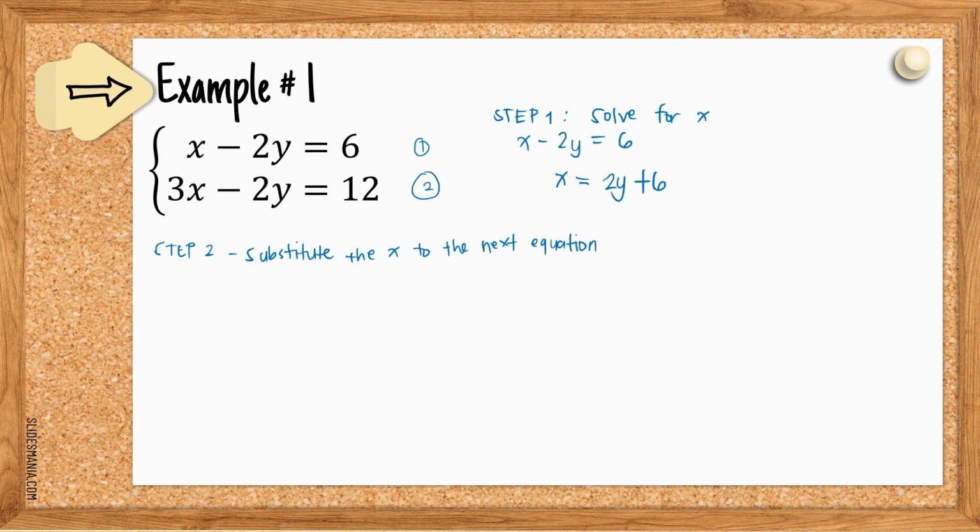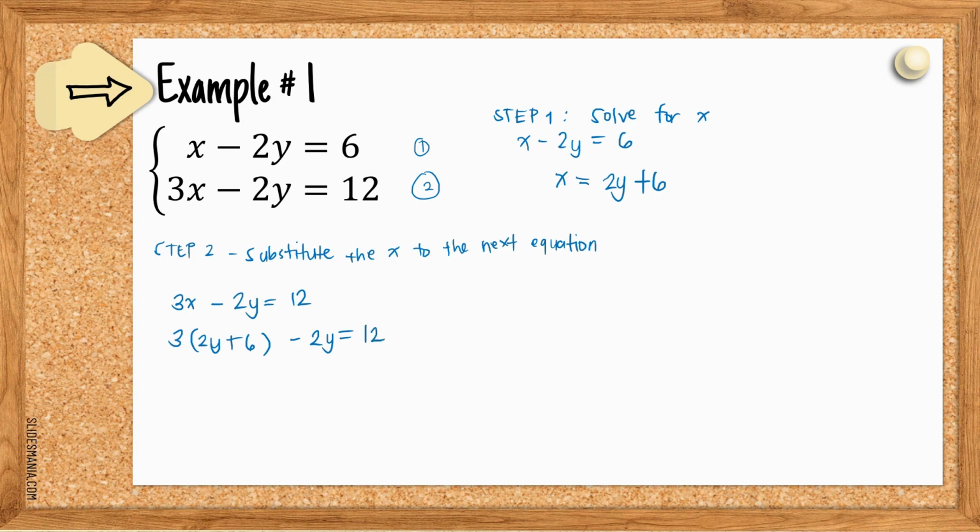So we will have 3x minus 2y is equal to 12. Again, we will substitute the value of our x here into this equation. So 3 times the value of x, which is 2y plus 6, minus 2y is equal to 12.